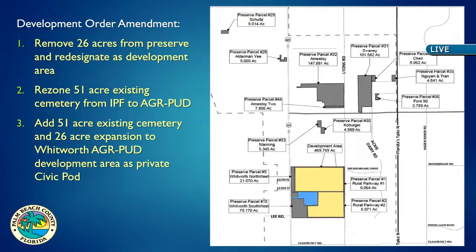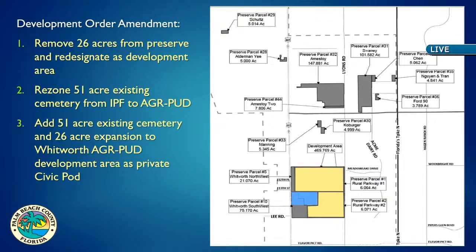The existing Eternal Light Cemetery is in blue, but essentially the development order would remove 26 acres from preserve and redesignate as development area for the expansion of the cemetery. So it would expand to the east where the current preserve area is.